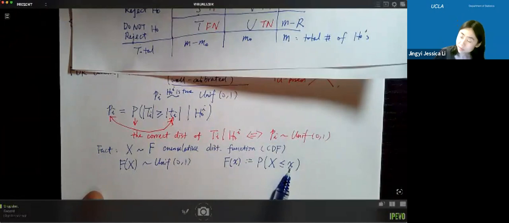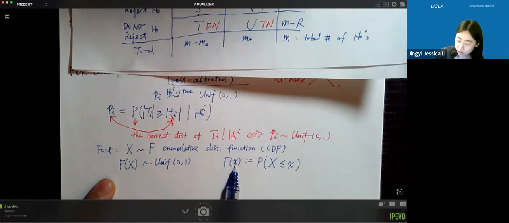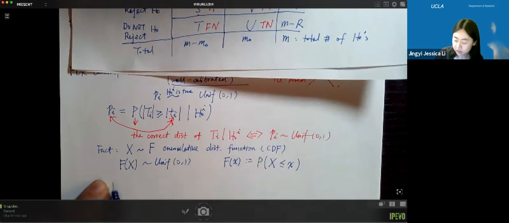That's the CDF. But what I'm saying here is that I just changed the argument to be the random variable itself. So it becomes a random thing. This is a function, there is no randomness here. But once I change the argument to be a random variable, this becomes a random variable. And this transformed random variable is uniform 0 to 1.